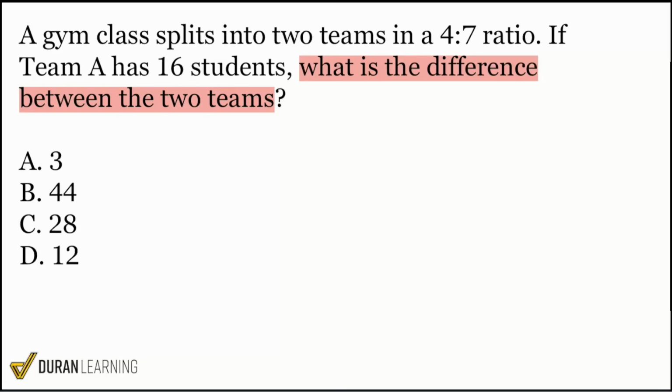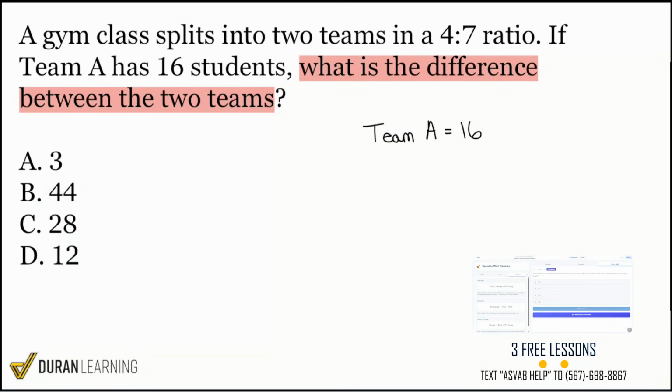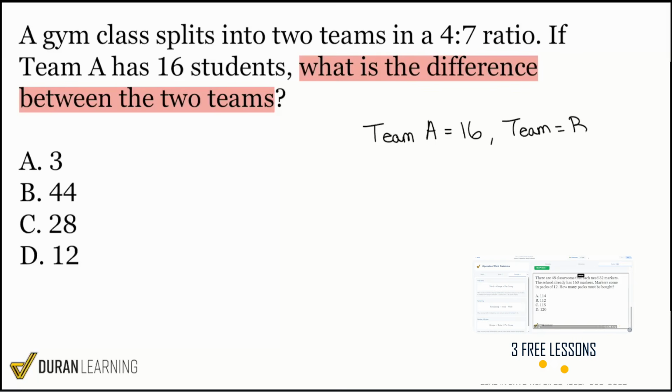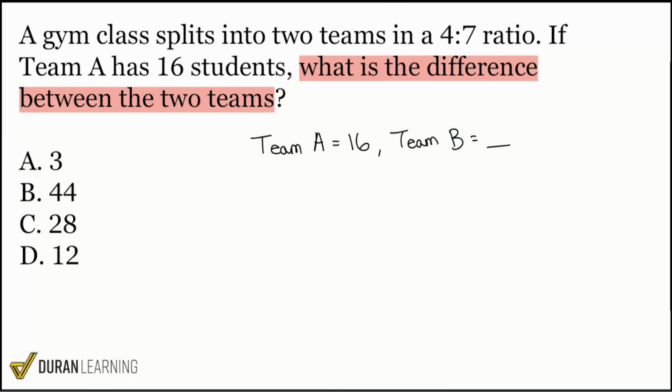So let's understand what's going on here. In that same sentence, it says that team A has 16 students. So because we know team A has 16 students, let me just write that down. Team A equals 16. We could find team B, in which we will do that to find the difference. Let me just write team B here equals blank, but just remind ourselves right over here at the end that what we truly want is the difference.